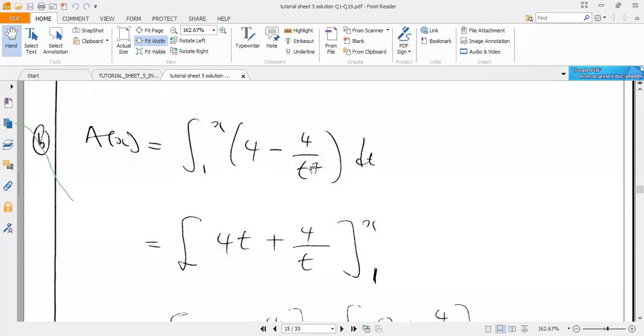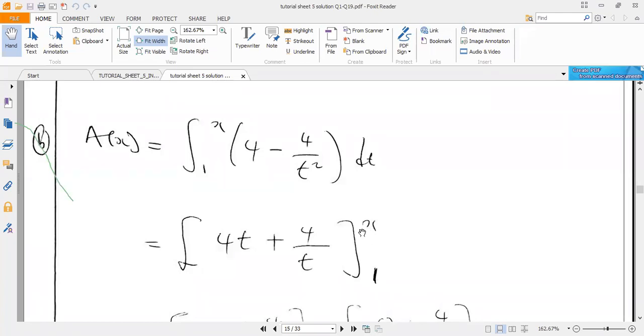Then here it's t squared, so it simply means you have negative 2 on top. Negative 2 plus 1 gives us negative 1, then negative 1 divided by negative 1 gives positive 4 over t, and then we put back our interval from 1 to x.